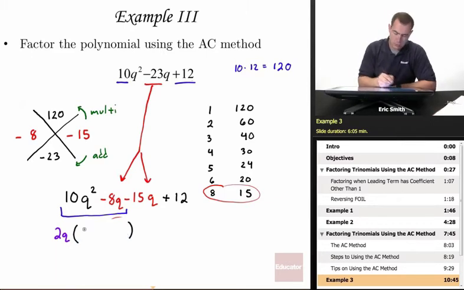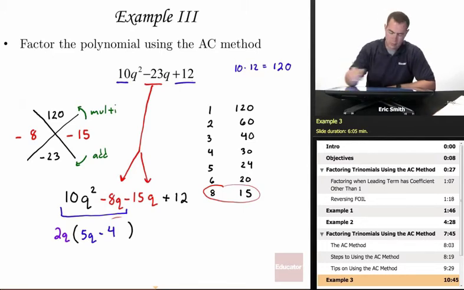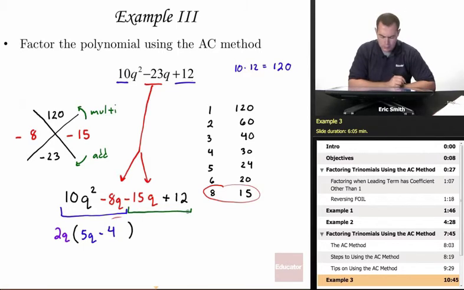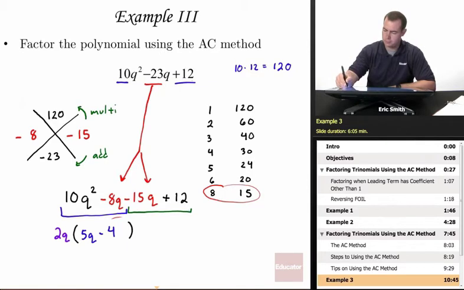So 2q times 5q minus 4. And let's see what is in common with the next two. It looks like I can pull out a negative 3 from both of them.